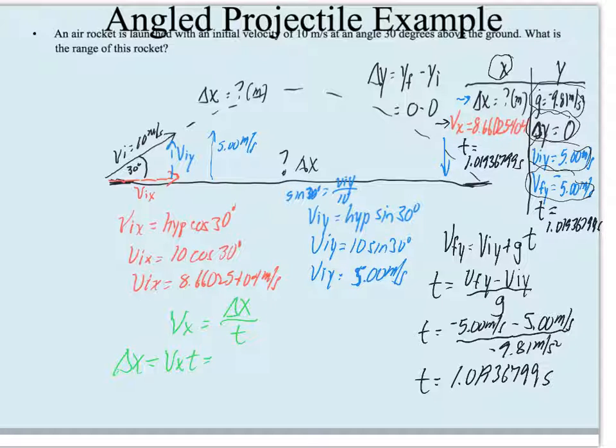And what is Vx? Well, if we go up there in red, we see Vx is 8.66025404 meters per second.